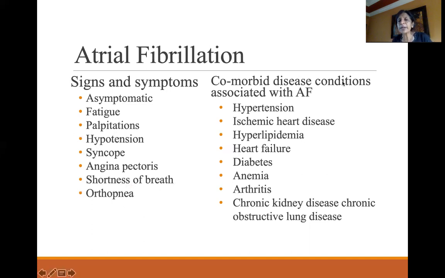Okay, comorbid disease conditions associated with AFib would be hypertension, ischemic heart disease, hyperlipidemia, heart failure, diabetes, anemia, arthritis, chronic kidney conditions, chronic obstructive lung disease, and so on.